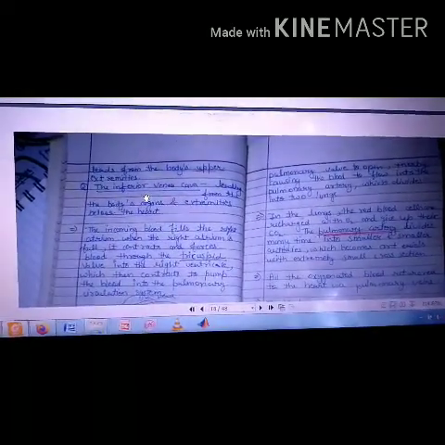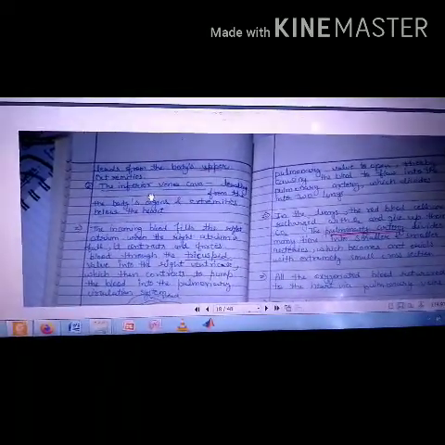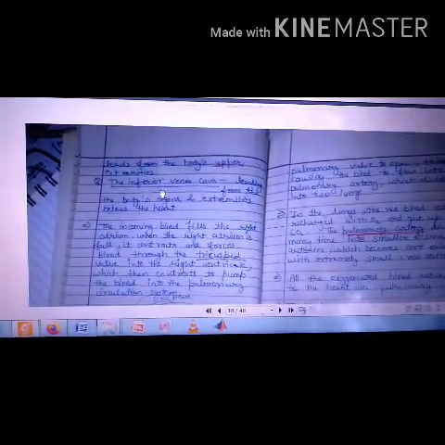Now, function of superior vena cava is to lead from the upper part of the body to the heart. The inferior vena cava leads from the body organs and extremities below the heart.